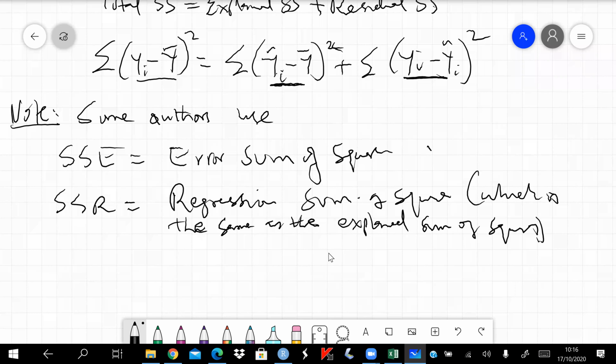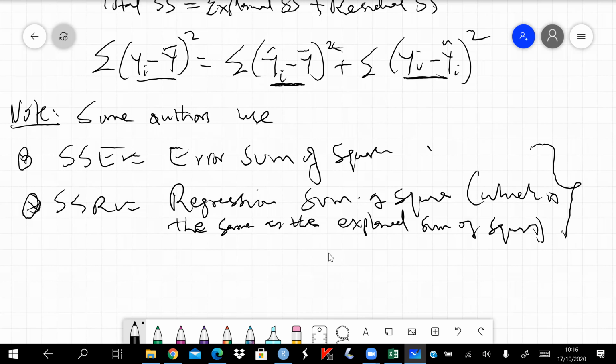So that's just a caution that in some textbooks you might find that these two symbols mean different things. In our case, SSE is the explained sum of squares, which is the regression sum of squares.